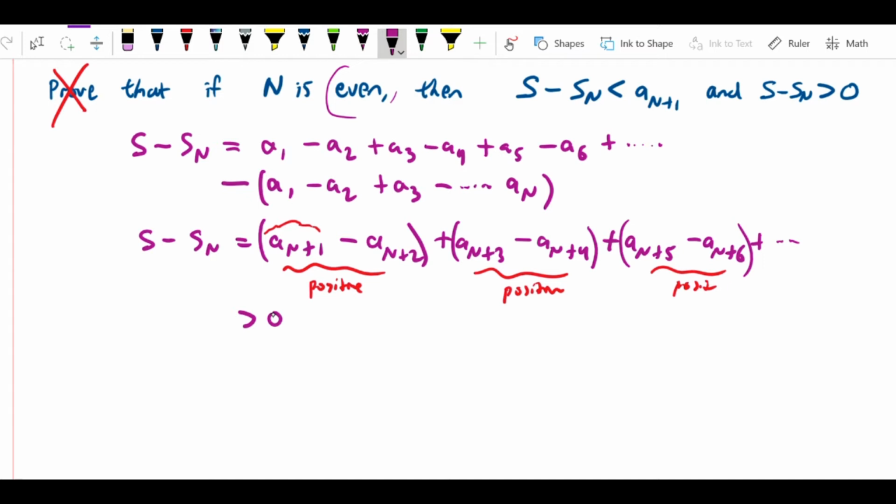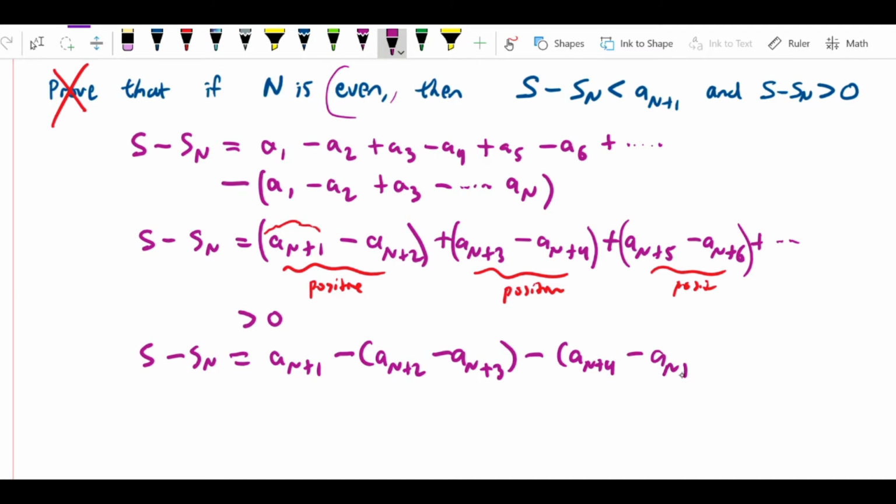Then you can probably imagine what I'm going to do next. In order to prove that it's less than a(n+1), I'm just going to regroup the terms slightly differently, by writing a(n+1) minus a(n+2) minus a(n+3) minus a(n+4) minus a(n+5). I won't go on because you can see what we're doing here.